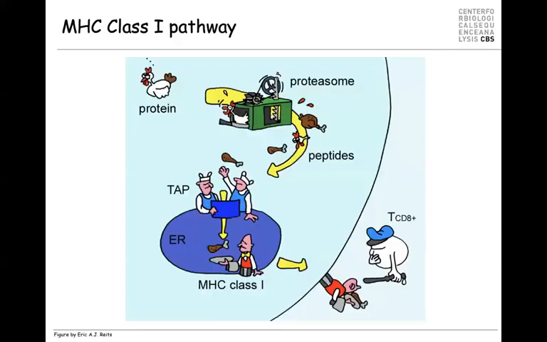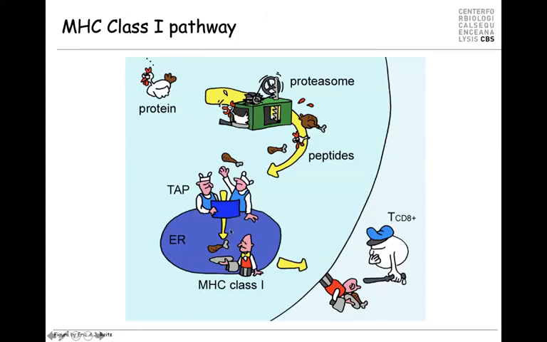So I'm very fond of the immune system, as you might hear from what I've said before. And the immune system is of course essential to cope with infections. One of the important players of the immune system is this MHC molecule shown here in the ER.